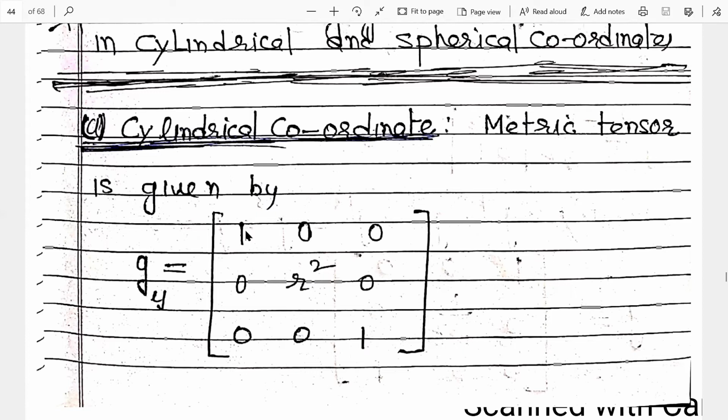To find the cofactor, just ignore this row and this column. So the remaining is r square 0, 0, 1. And its determinant is r square minus 0. So the cofactor is r square, and again it is divided by g. G is again r square. So its value will be 1.